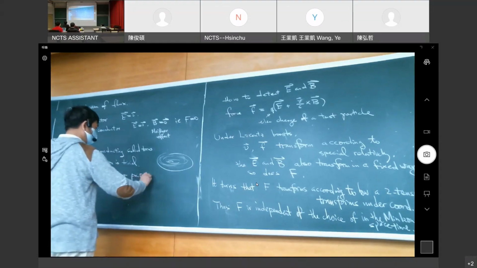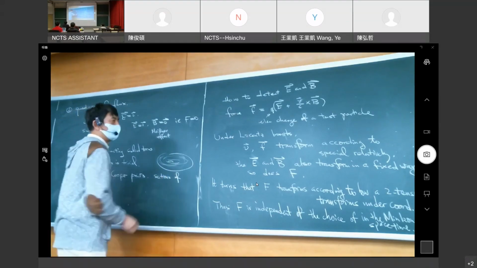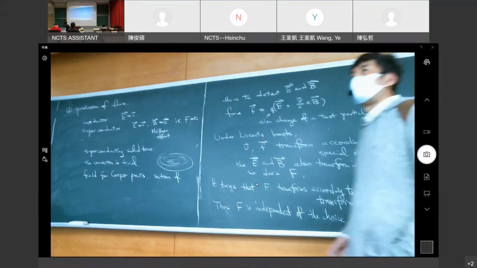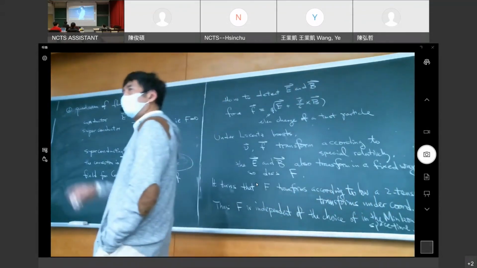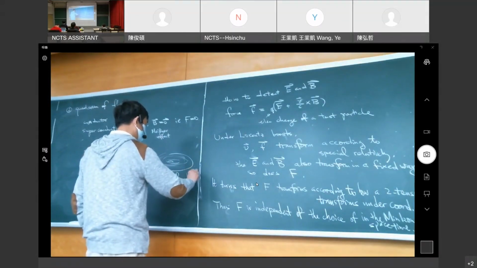These are actually sections of a line bundle: there is a standard line bundle corresponding to e, but the Cooper pair is of charge minus 2, so it's tensor minus 2.